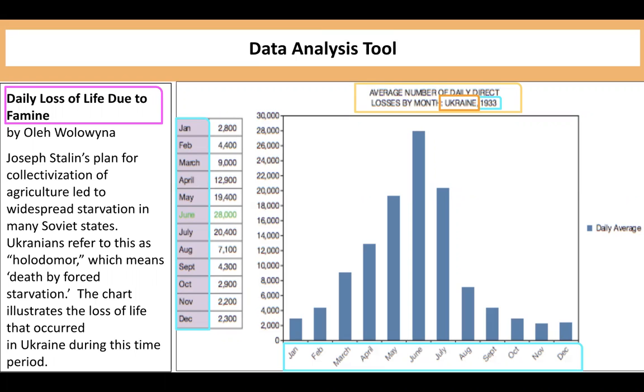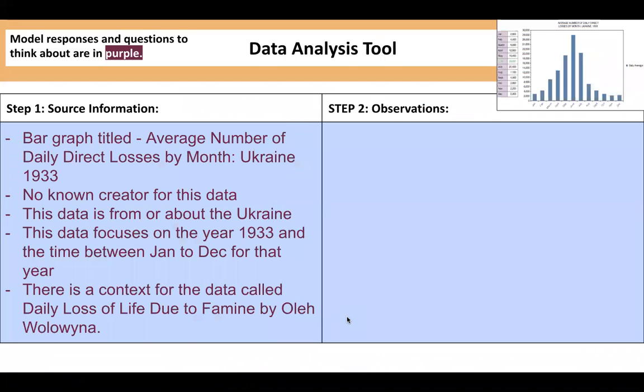So let us look at how we wrote this up. We saw that it's a bar graph. And remember, we're just sourcing what we see. We're not adding anything else. It's just our sourcing. So we know it's a bar graph. We know the title. We don't really know who created it. So you could write unknown or no known creator.